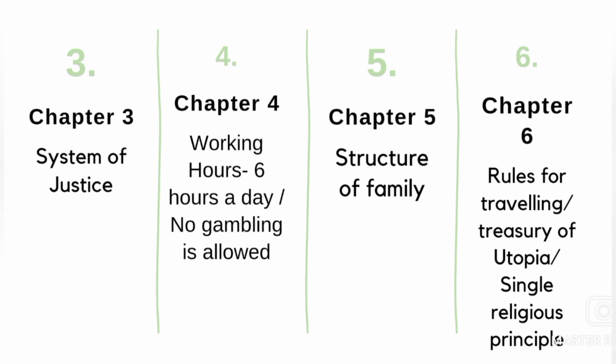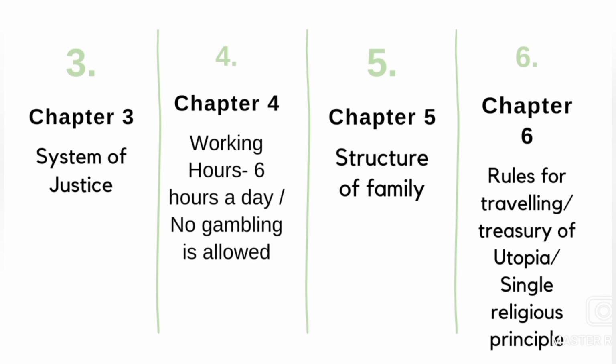Then in chapter 6 of book 2, there are rules for traveling, that in order to go to another town, they must ask for a special permission from the local government. And if anyone travels without permission, and if the person repeats this crime, then he or she is condemned to slavery.